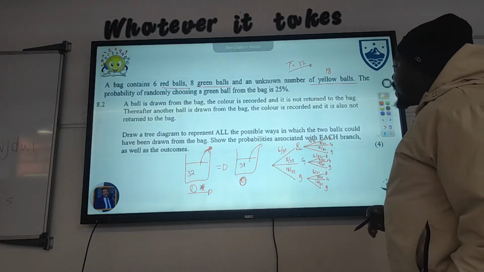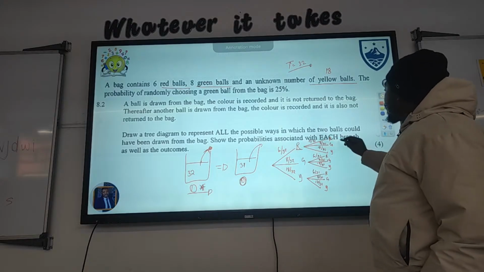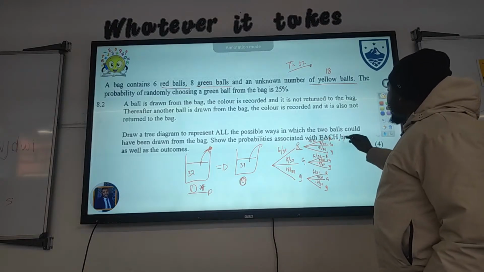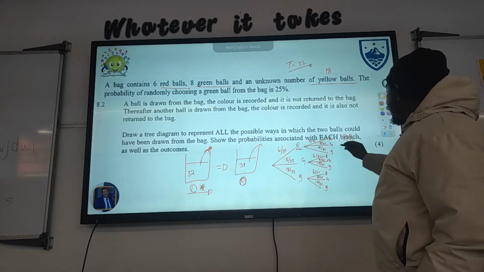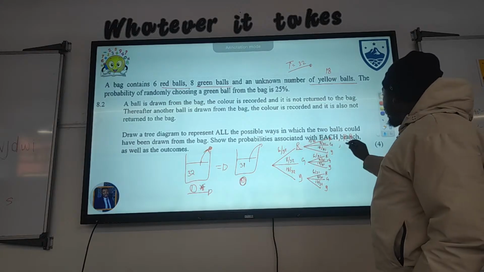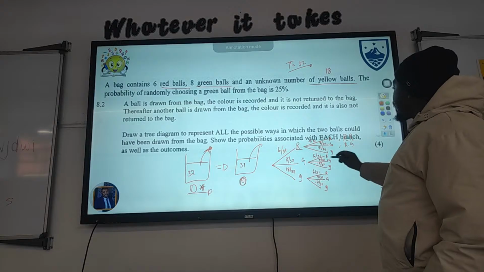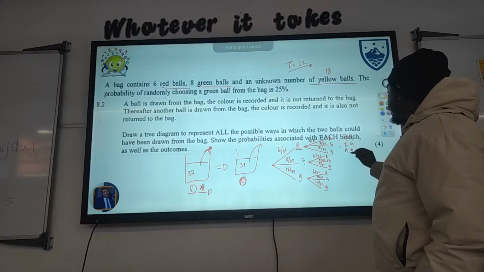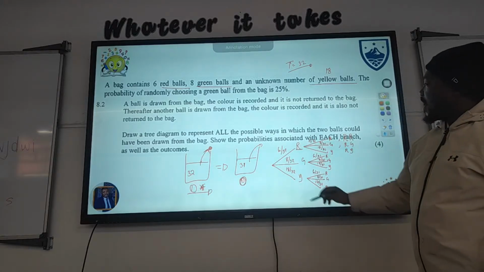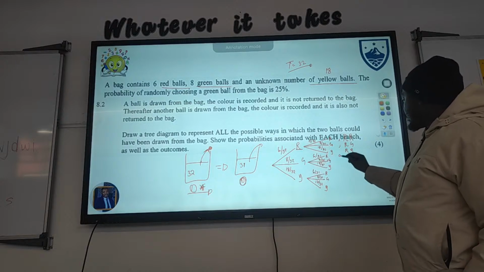Good. So if we were to be asked, this branch will give us getting 2 red balls. This one will be us getting a red ball and a green ball, moving along the branch. Red and green. Red and yellow. And then for this branch, it will be green and red.